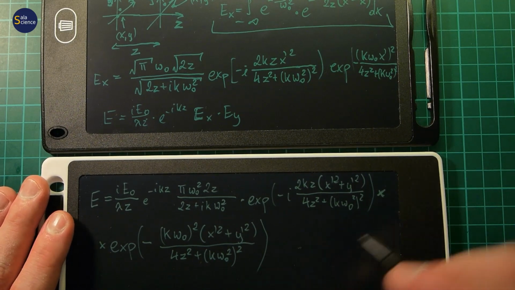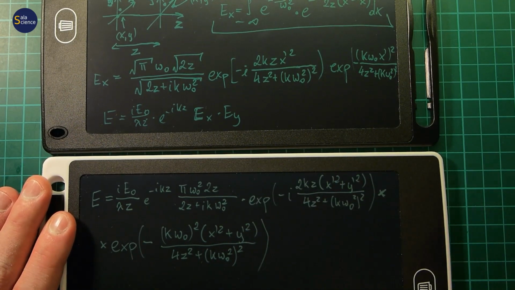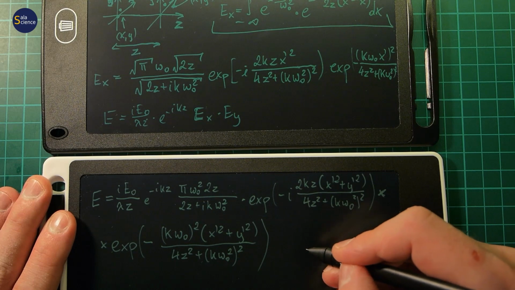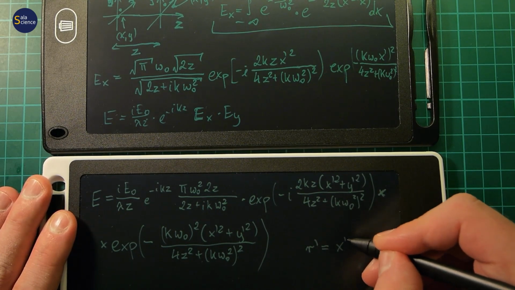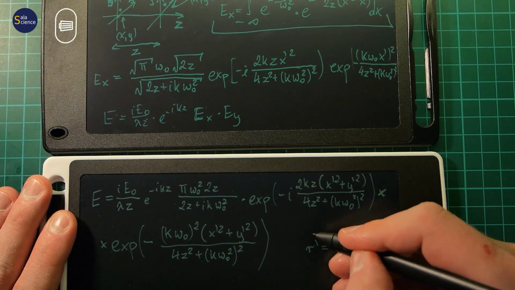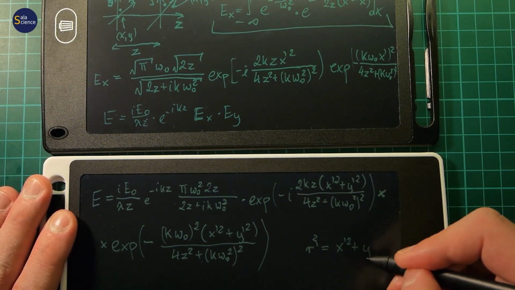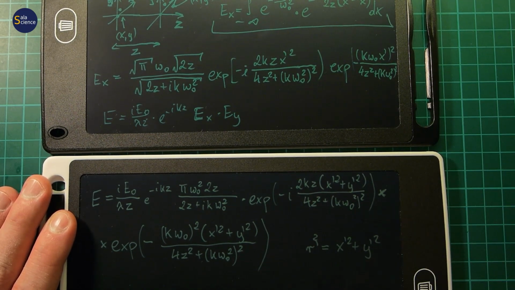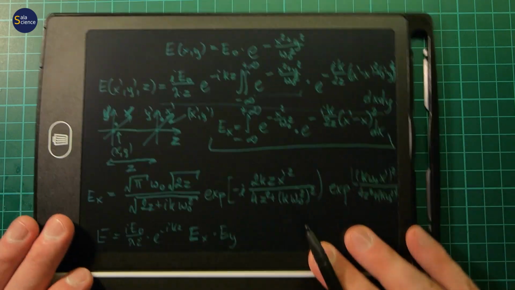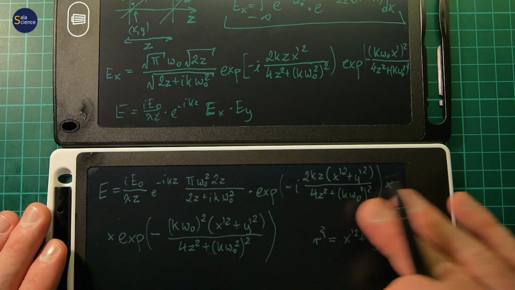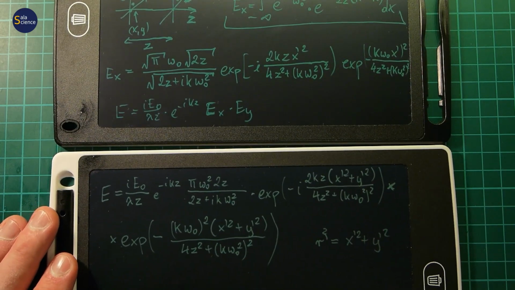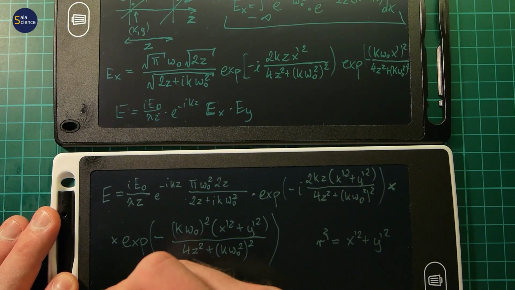So now let's introduce a new variable. Let's assume that r prime squared is x prime squared plus y prime squared. Okay, so we have a radius in this x prime, y prime plane. So let's simplify this.